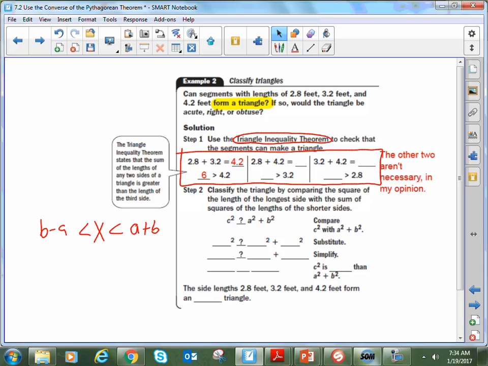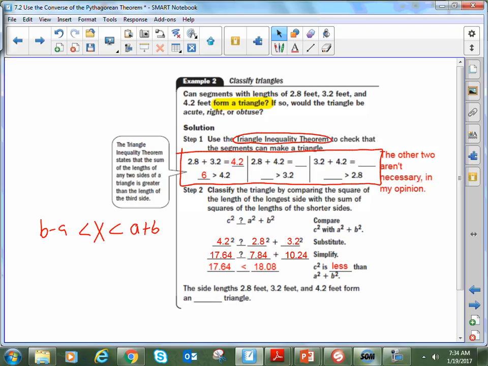Okay, well, if we can form a triangle, what type of triangle is it? Is it right, acute, or obtuse? Since 4.2 is the biggest side, that's what I'm going to use as my possible hypotenuse. So I'm going to substitute 4.2 for C, and then I'm going to substitute the smaller side for A and the middle side for B. Using my calculator, I'm going to take the square of both sides and add the two values on the right side, and we get 18.08.